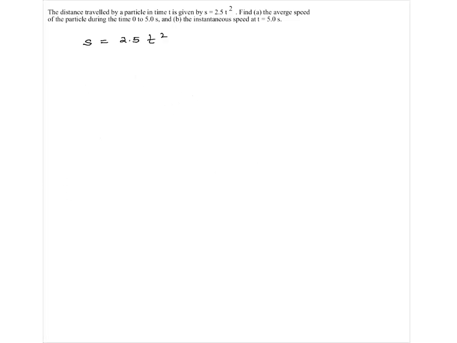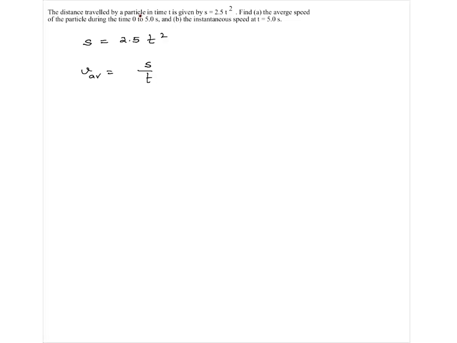Now, average speed is total distance covered divided by total time elapsed. Total time elapsed is clearly 5 seconds. The question is how much distance is covered.